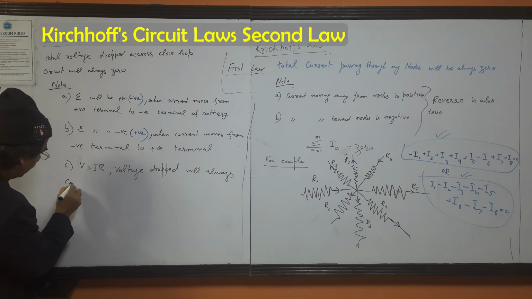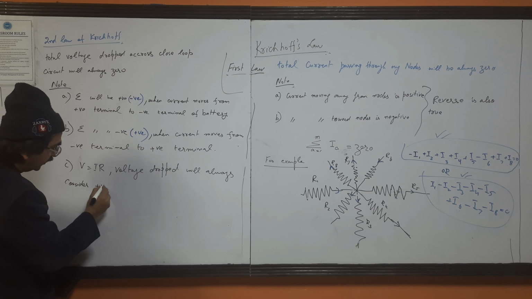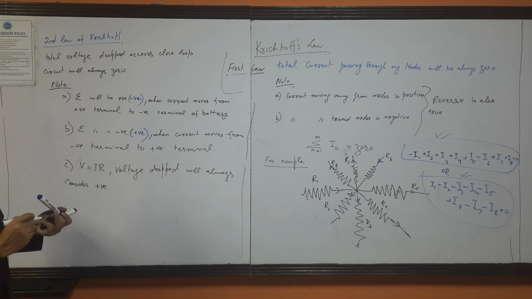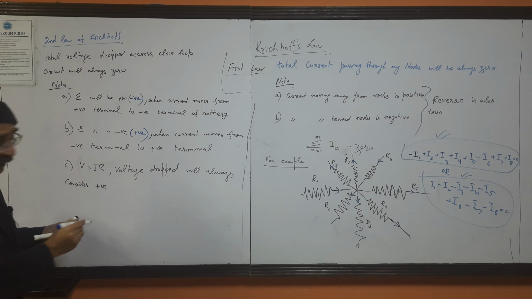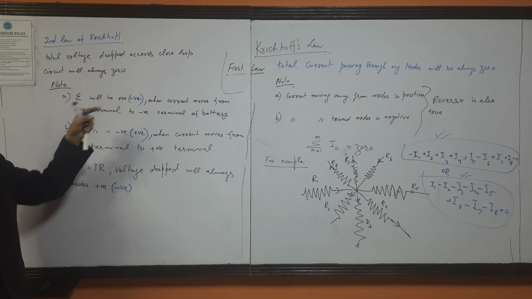If you are considering this case, then it will always be positive. There will be no change in sign. Okay. Now the question is why I am writing this. Now I will explain it.